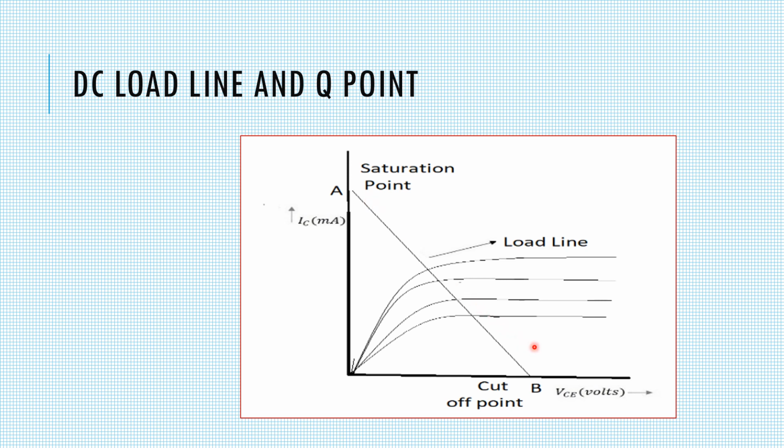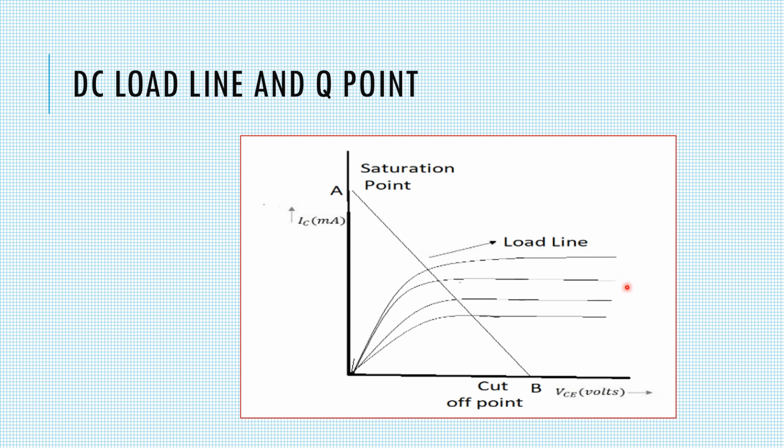This load line shows how the collector load resistance, that is RC we had mentioned, affects the circuit voltage and current. This diagram plots IC versus VCE for different values of base current.